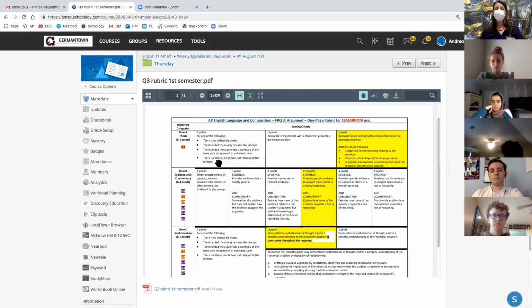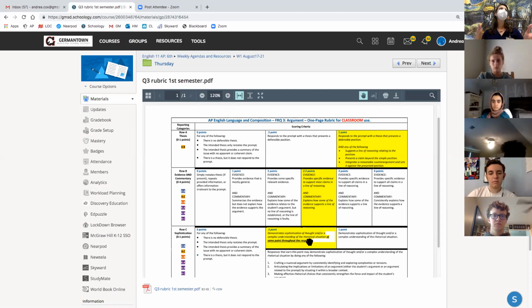I want you guys to notice on the rubric, in row A, there's a 0.5, and in row B, there's a 2.5, and in row C, there's a 0.5. Those are only available during the first semester. I'm trying to teach you guys, like if you look at the difference between a 0 and a 1 on the thesis, there's a lot of room. You either get it or you don't.